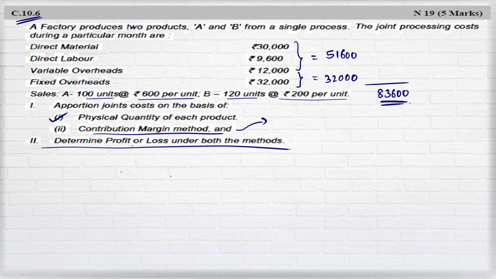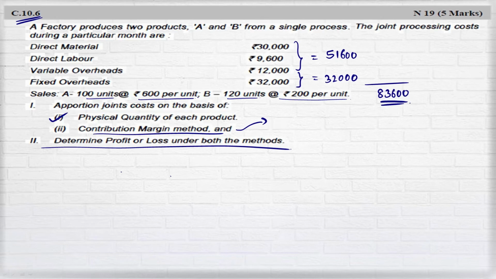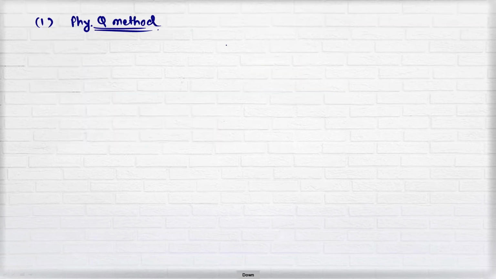We are using first method, physical quantity method, and we'll be also finding out profit by that method, right? Profit of both the things by that method. Physical quantity method. Number one. I am directly finding out profitability, and in the process, I'll be also distributing the joint cost. There are two products, A and B, from the joint process.